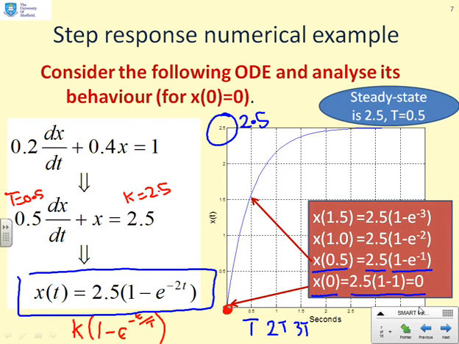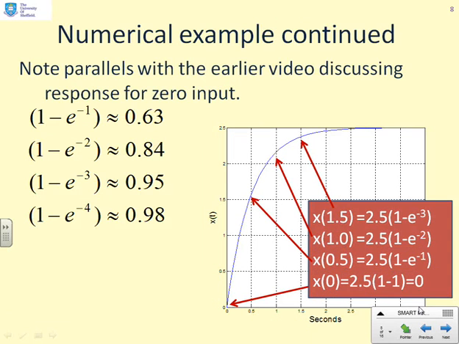I'm not going to calculate it quite yet. That will come on the next slide. Next, I can do x of 1 equals 2.5 times 1 minus e to the minus 2. That gives me the point marked here. And finally, x of 1.5 gives me the point here. Now, in this particular slide, all we're doing is showing the graph and giving an indication of some of the numbers. We will analyze these numbers in more detail next.